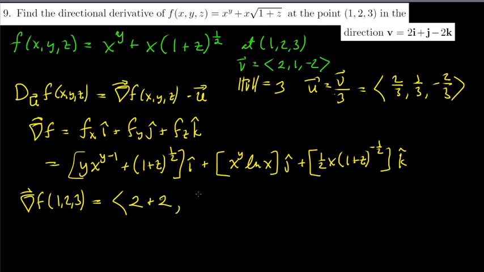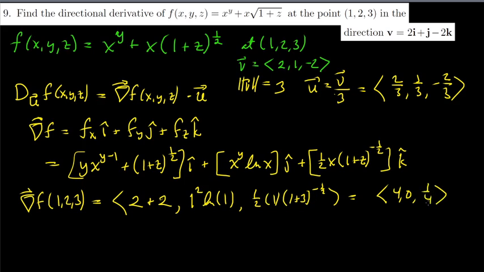The j component, or y component, is 1 to the 2 times the natural log of 1, which is just 0. The k component is 1/2 times 1 times 1 plus 3 to the negative 1/2. So we get 4, 0, and 1/4.